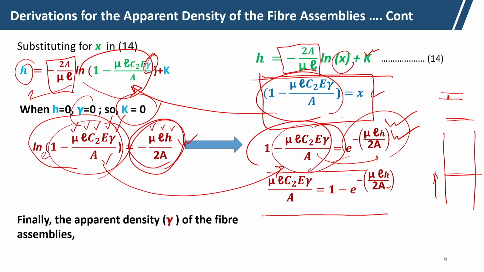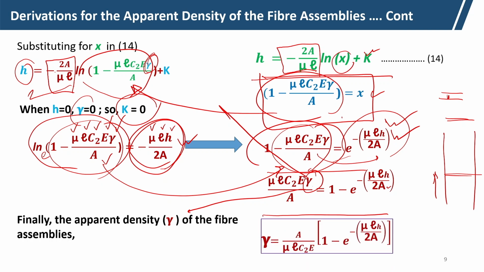This is the relationship, and finally, the apparent density. Now, we can get the apparent density of the fiber assemblies from there. This is the apparent density, which is our target. So, from this equation we can calculate the apparent density.